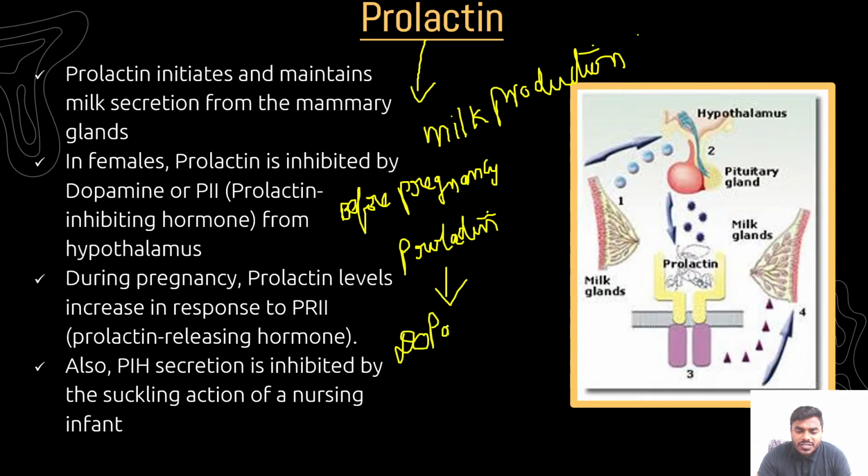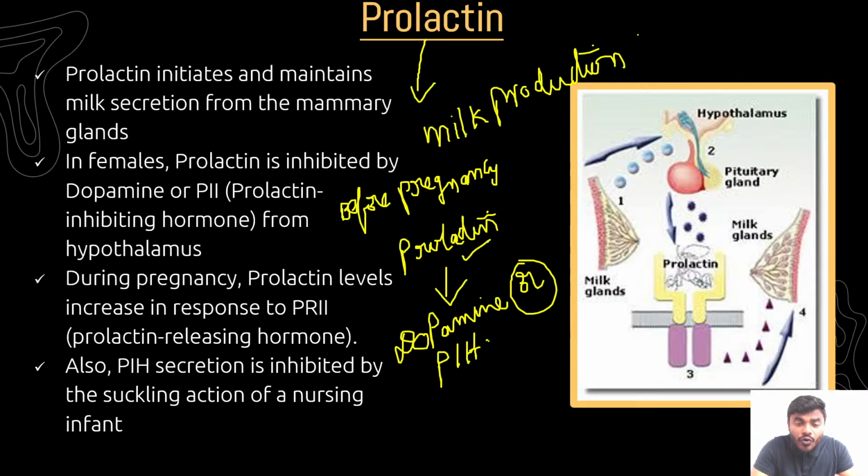Friends, please don't get confused. Dopamine or PIH, prolactin inhibiting hormone, is the one which is actually involved in inhibiting the level of the prolactin before the pregnancy.